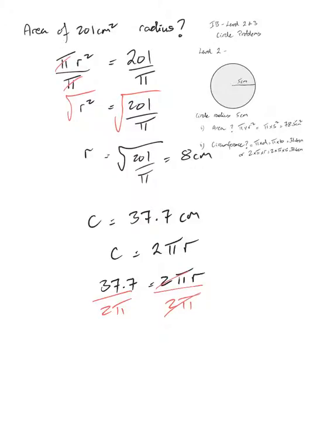So all I'm left with is my radius equals 37.7 divided by 2 pi, which again, to three significant figures, gives me an answer of 6 centimetres.